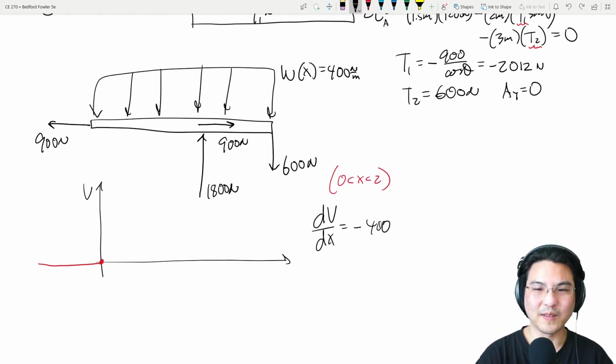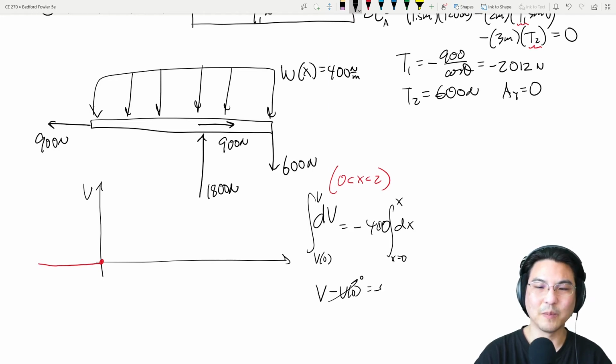Right, let's move dx on this side, and then integrate both sides, from 0 to some other x between 0 and 2. Okay, so then we have V minus V at 0, which is in this case 0, minus 400x.